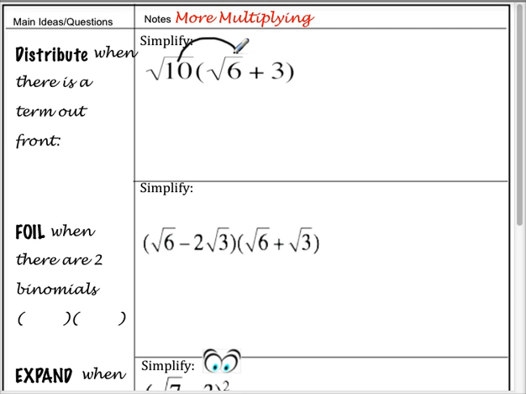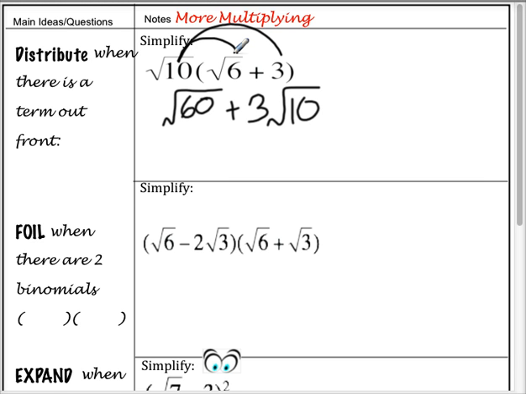Since both of them are inside the square root, you can just multiply those two numbers. Now we also have to distribute that square root of 10 to the 3. Since 3 is outside the square root, and the square root of 10 is inside, they can't combine. They have to stay separate.